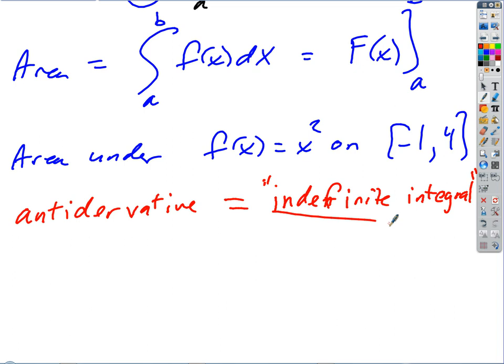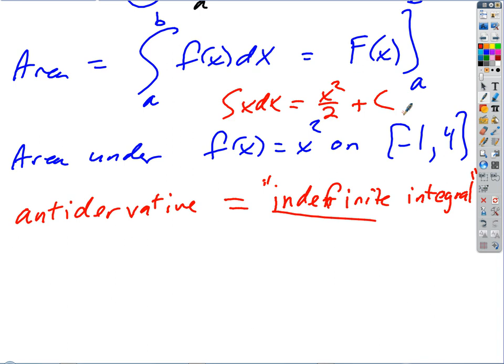For example, we would have said that the antiderivative of x dx is what? x to the n plus 1. In this case, n is 1, so it would have been x squared over 2 plus c. It's indefinite because we've got that constant attached to it.